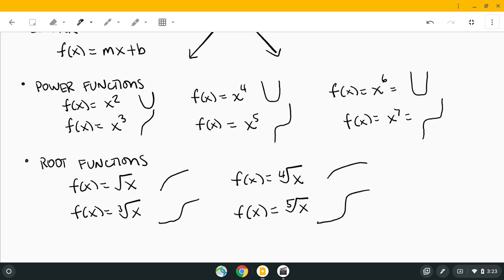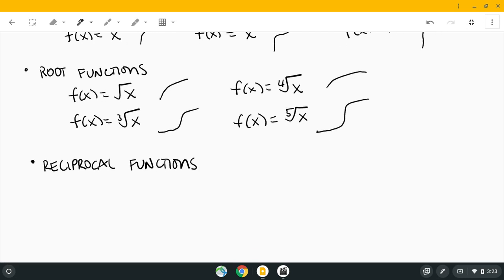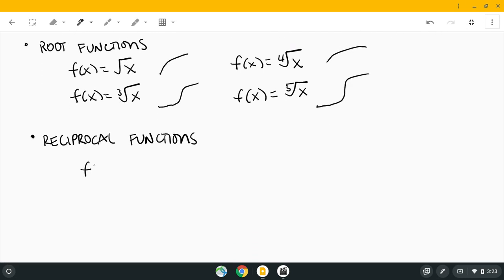Okay. All right. So then we have our reciprocal functions. So you have something like this: f of x equals 1 over x. So you have a function that looks like this.